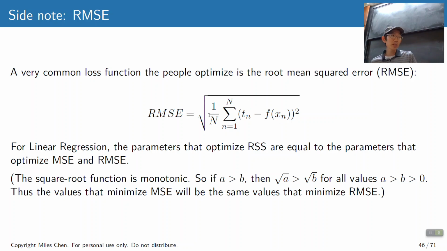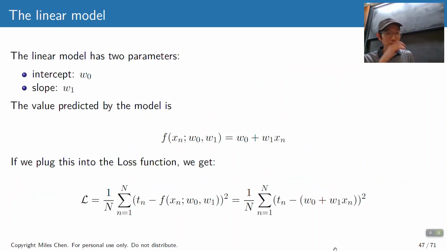The values that minimize mean squared error will be the same values that minimize RMSE, because the square root function is monotonic. If a is less than b, then the square root of a is also less than the square root of b, for any positive a and b. So the values that minimize MSE will be the same values that minimize RMSE.